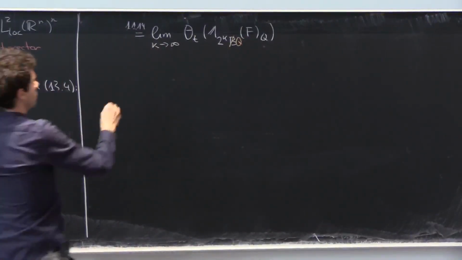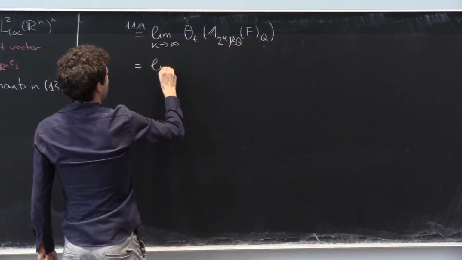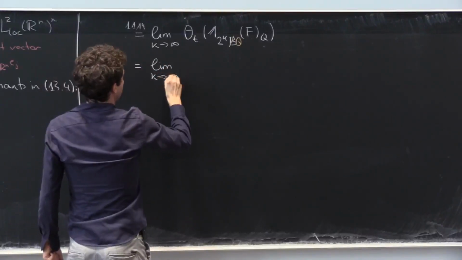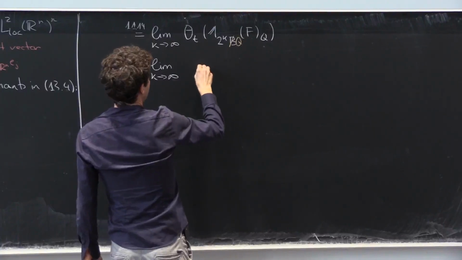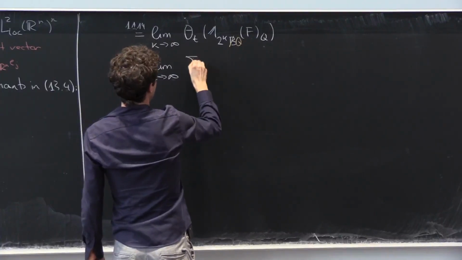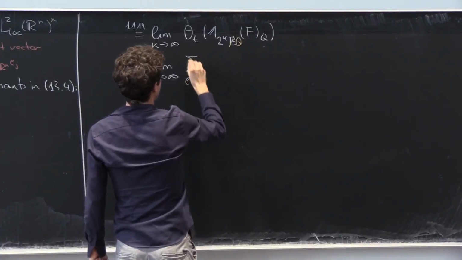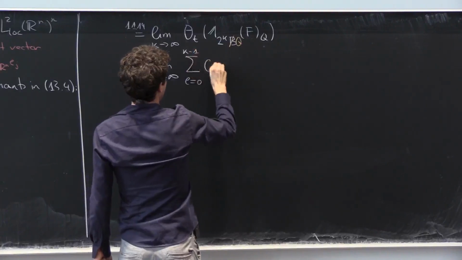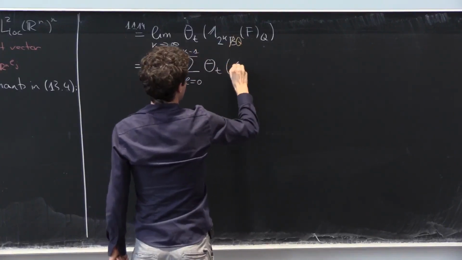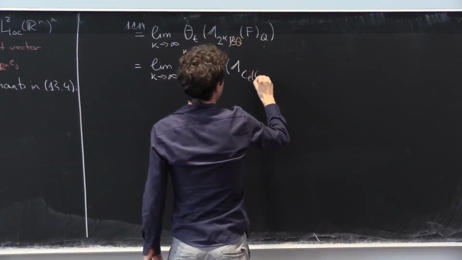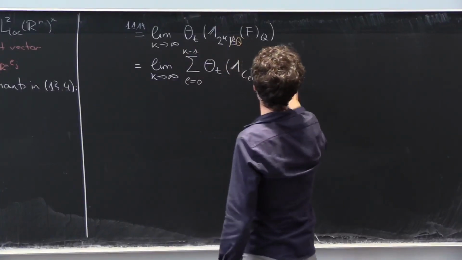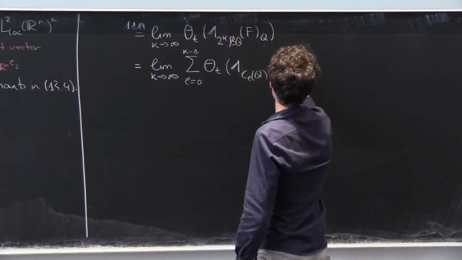And then I'm going to split, as we always do, everything into dyadic annuli. So I'm going to write this as the sum going from l equal 0 to k minus 1 of theta t times the indicator function of the lth annulus around q times the average of f on q.